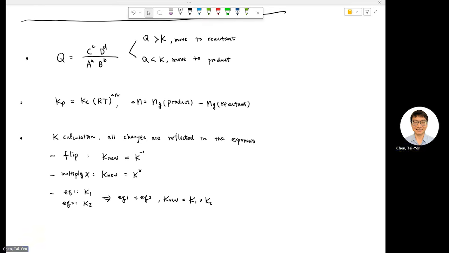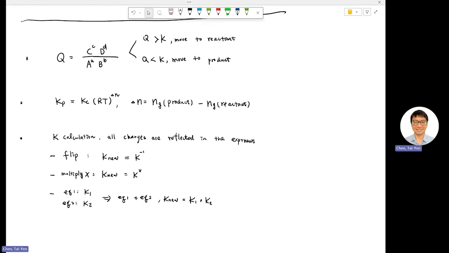Second, the equilibrium constant K can be expressed either in terms of concentration or pressure. We use Kp to represent the equilibrium constant using pressure, and Kc is using concentration. These two are interconvertible.